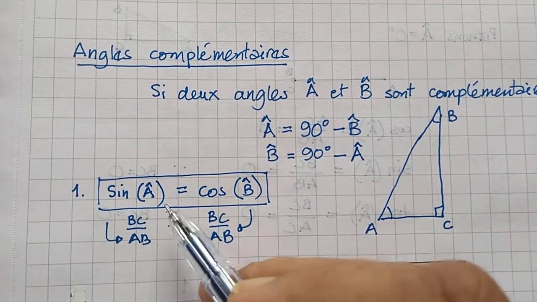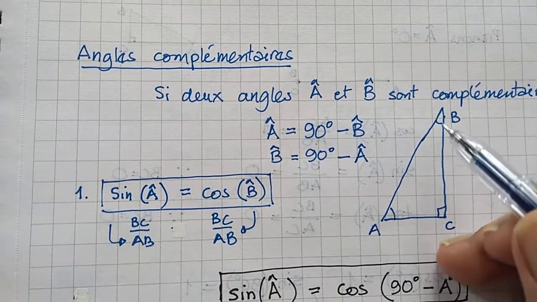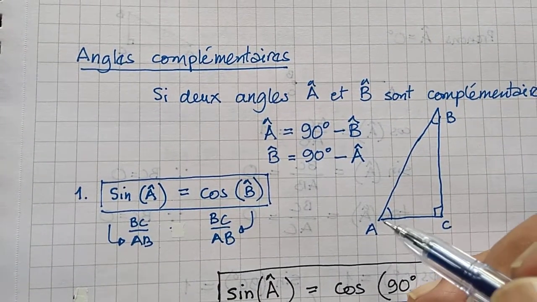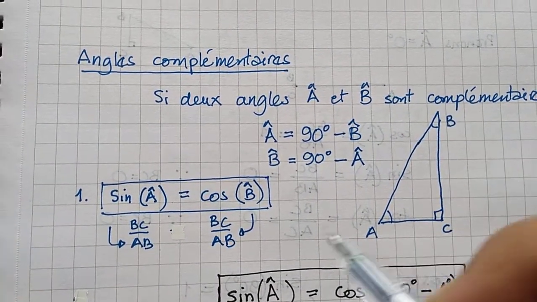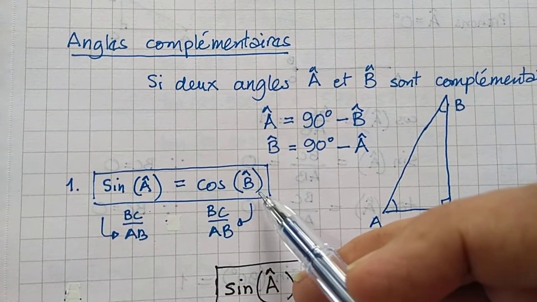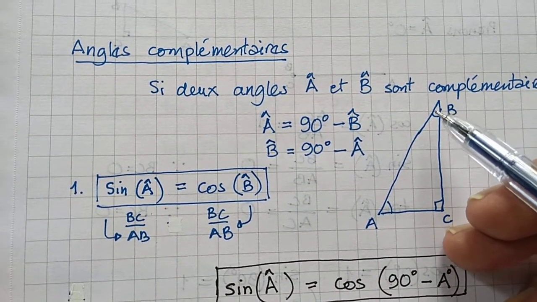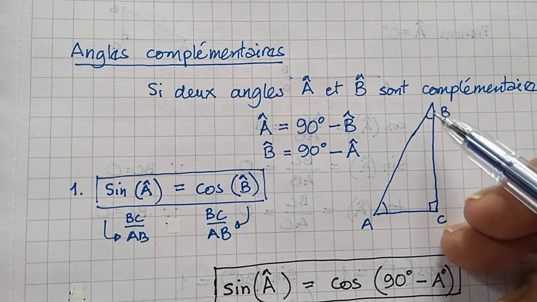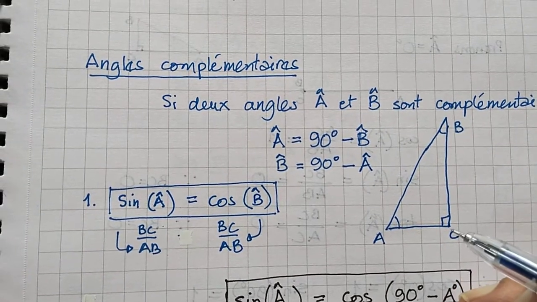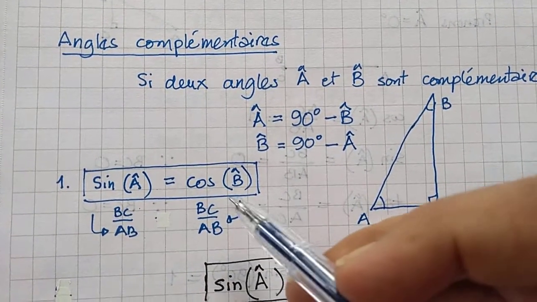Let's see. What is sine of A? It is côté opposé BC sur hypoténuse AB. BC sur AB. Cosinus B is now côté adjacent of this angle, which is BC sur hypoténuse AB.